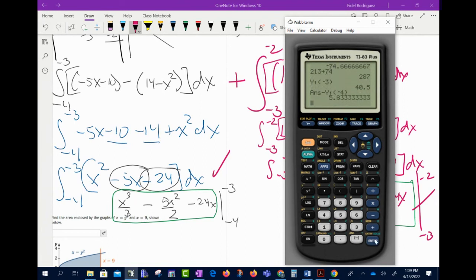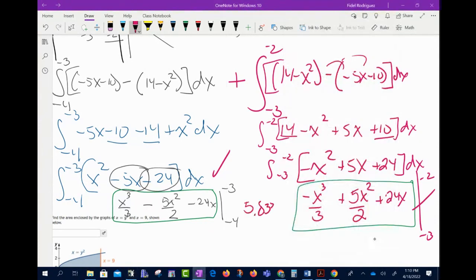And I'm coming up with 5.8 with a bunch of 3s at the end of it. But when you subtract the 2, because I did the 2. Jennifer, you got the same thing? Okay. So 5.8 with a whole bunch of 3s.